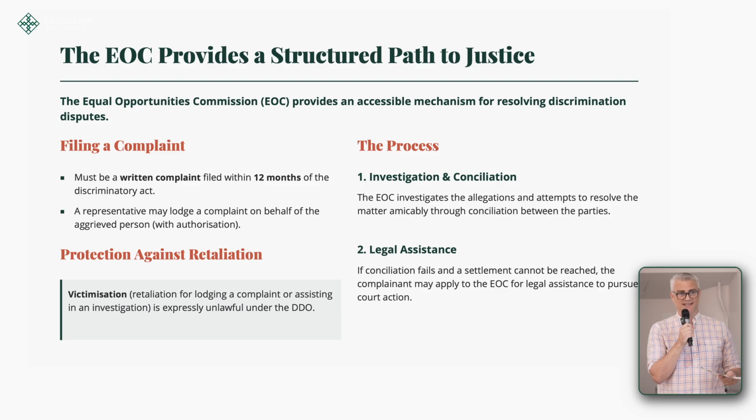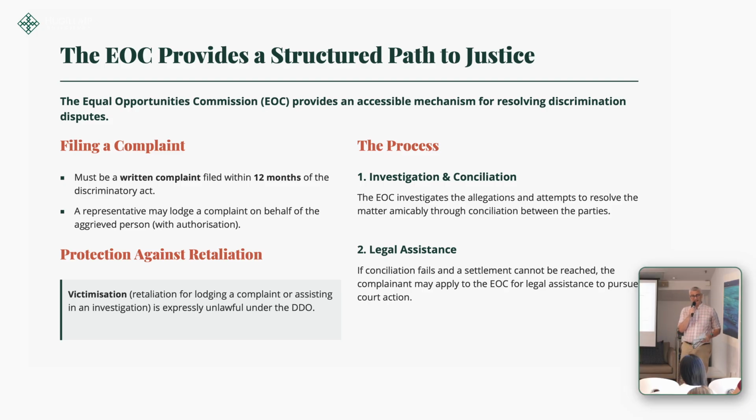And if you're not prepared to settle it in what they call early conciliation, they will then investigate it. Investigation tends to be a paper exercise, backwards and forwards, asking for evidence, witness statements, and the like. And then they come up with a finding. And the finding is not a judicial finding, so they can't impose a penalty. But what they can do is they can say, we believe that discrimination has happened, or we believe that discrimination hasn't happened.